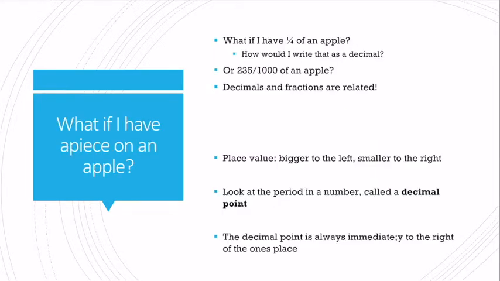So the real question is, what if I have a quarter of an apple and I want to write that as a decimal? Well, you're going to be like, okay, Miss Miller, that's silly, right? A quarter is 0.25, 25 cents. That's how we'd write a quarter. But what about 235 thousandths of an apple?